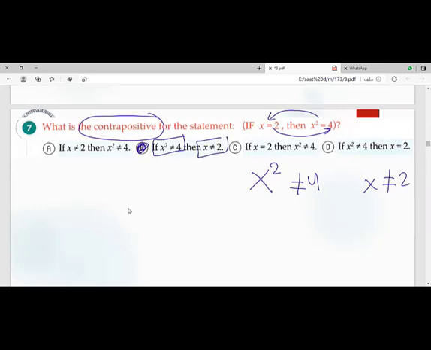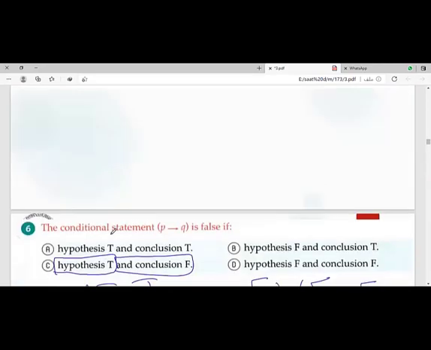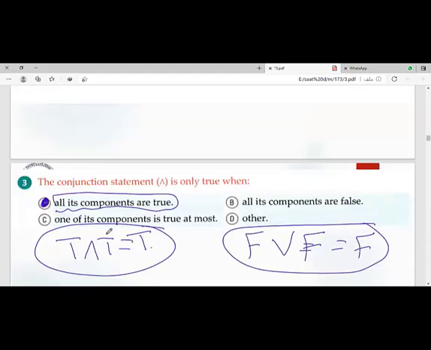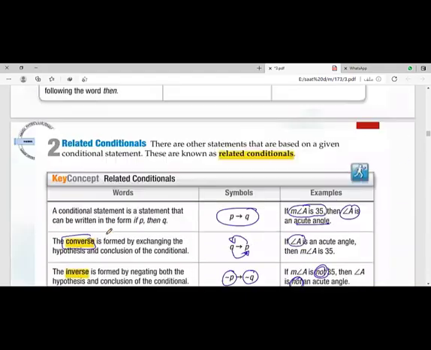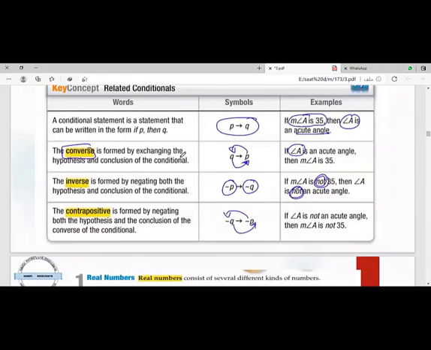Who can make the converse? Yes, for the converse, x squared equals 4 then x equals 2. This is the converse. So we have the converse, the contrapositive, and we have the inverse. We can make the inverse. Here's the table of the relation of converse, inverse, contrapositive. In the converse, we replace.